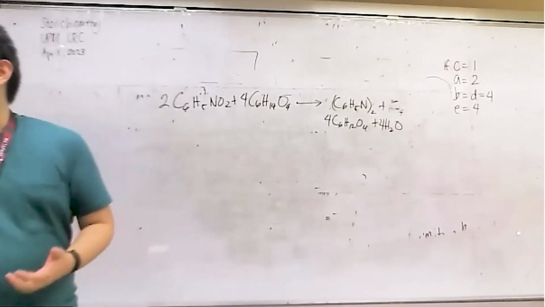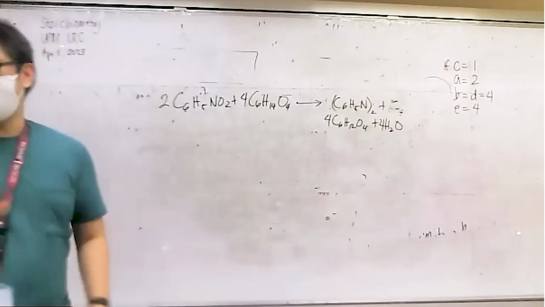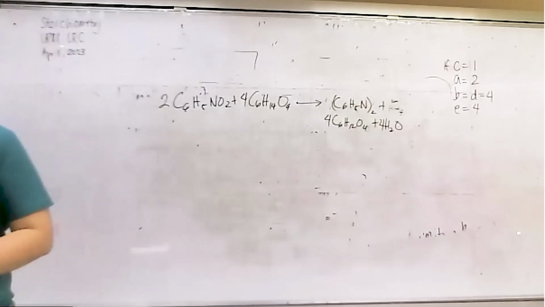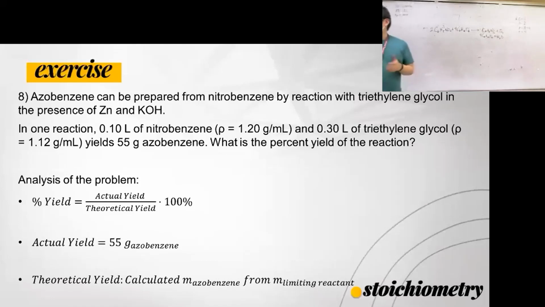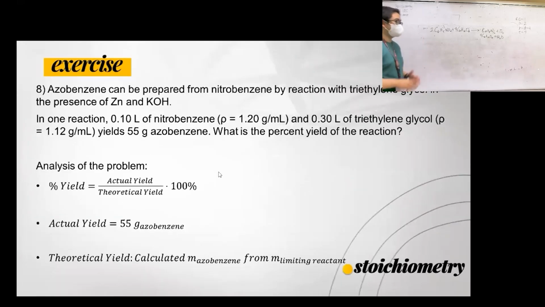And since actual yield is 55 grams, sabi naman dito, yields 55 grams azobenzene, then meron na tayong actual yield. So all we need to do is determine yung theoretical yield and we are done. Mag-divide na lang tayo and then mag-multiply yung 100%, and then you're done.